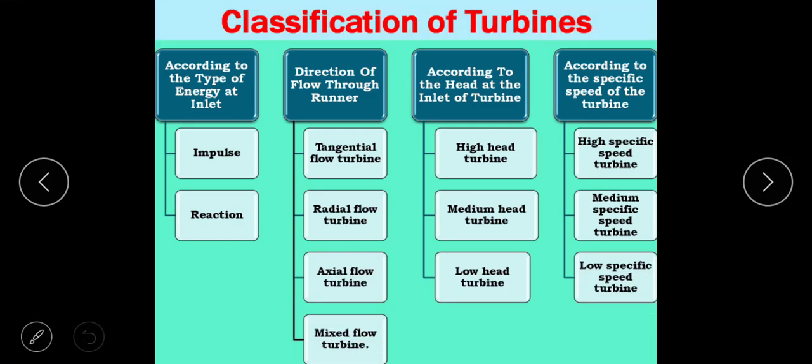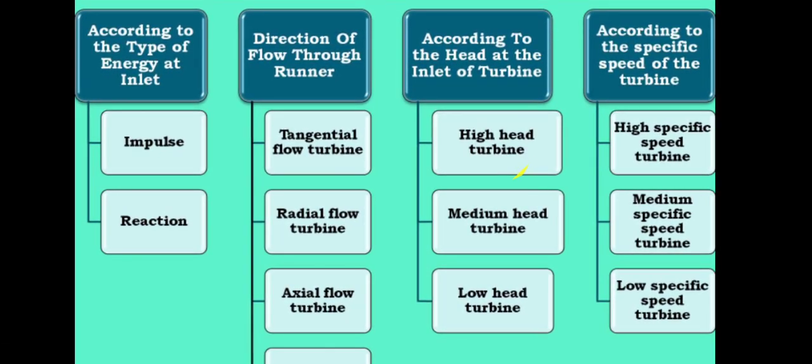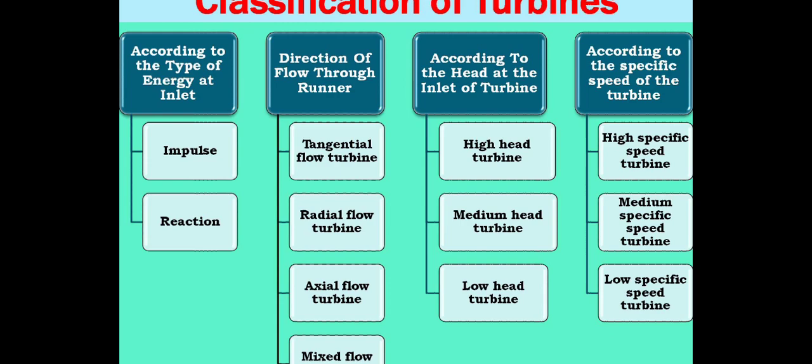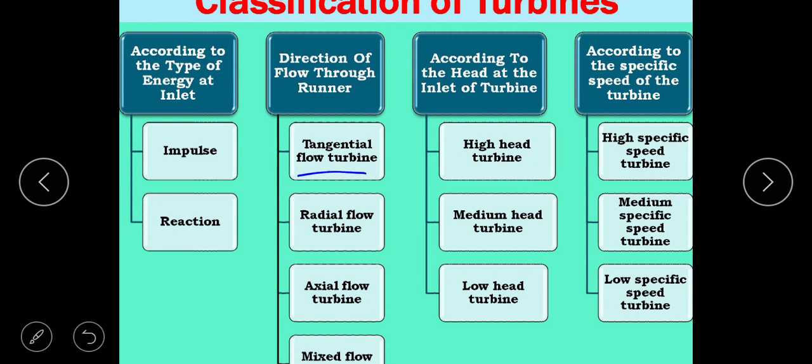According to direction of flow through runner, it can be classified into tangential flow turbine, radial flow turbine, axial flow turbine, and mixed flow turbine.